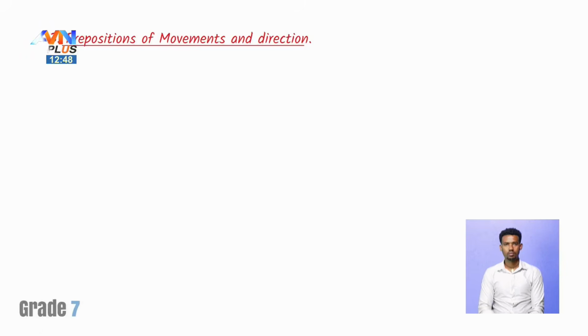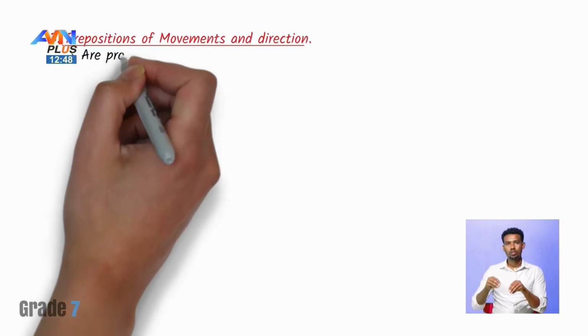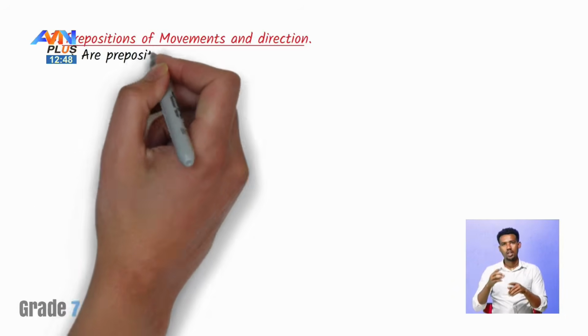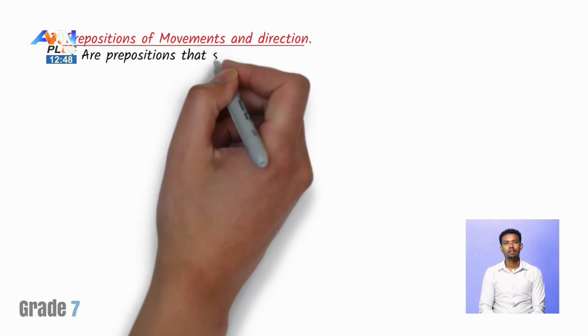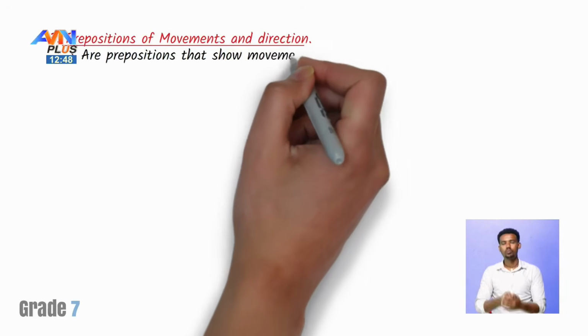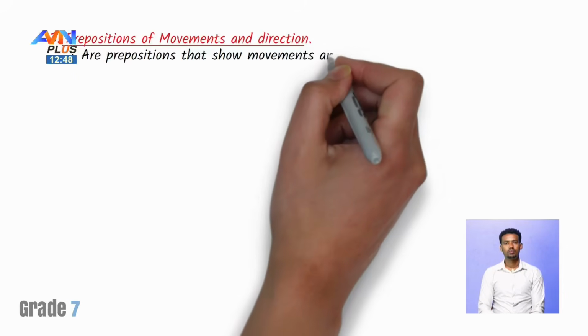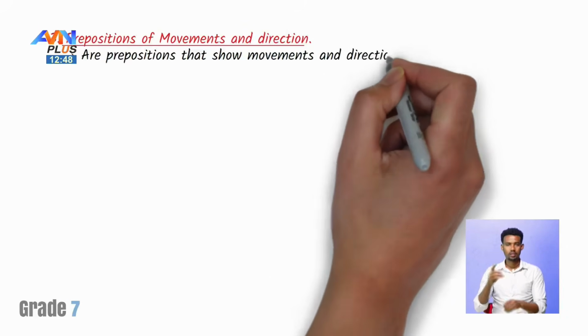So prepositions of movement and direction are prepositions that show movement and direction.